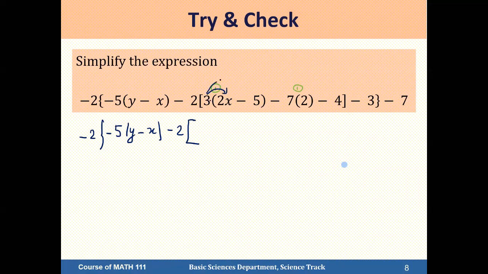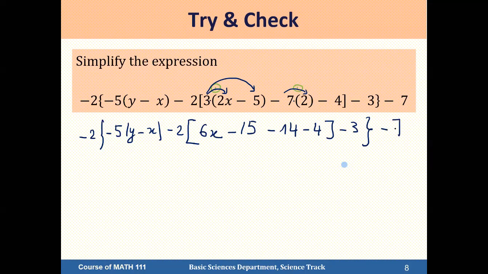So I distribute. 3 times 2x gives 6x. 3 times negative 5 is negative 15. Here, minus 7 times 2 is minus 14. Minus 4, minus 3, minus 7.